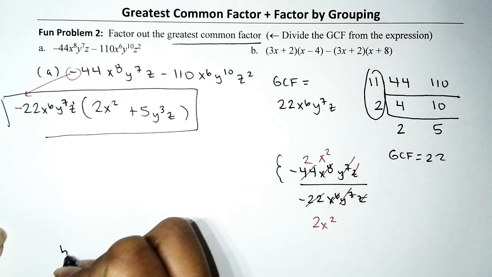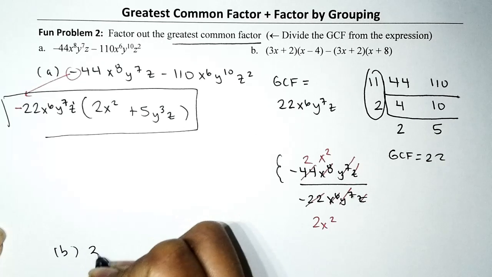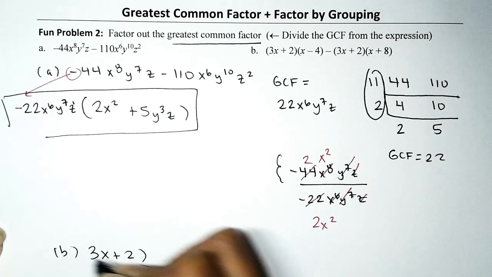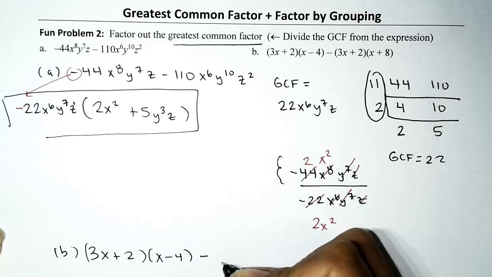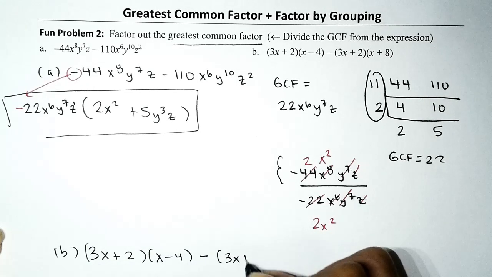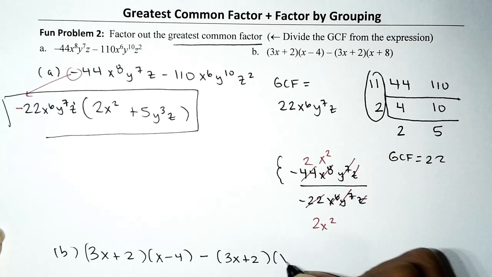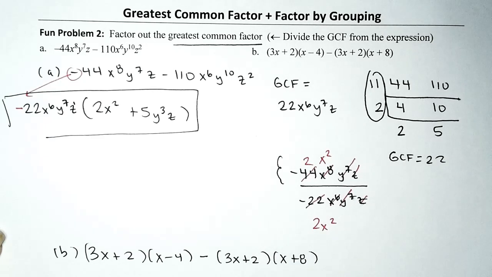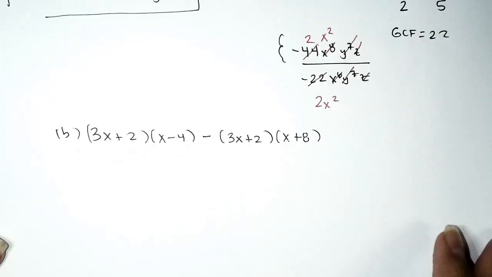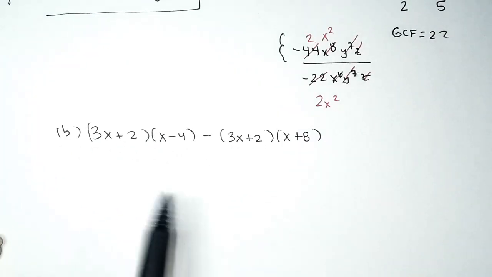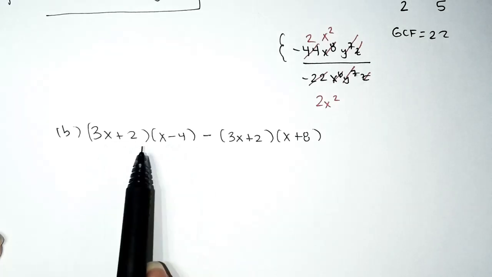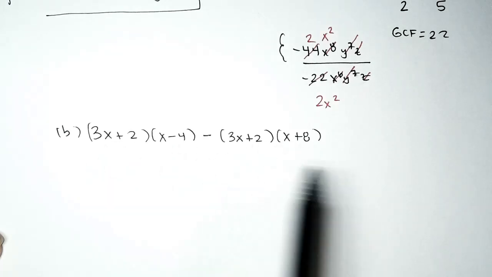Okay, problem B, we have 3x plus 2 times x minus 4, and we're going to subtract from it 3x plus 2 times x plus 8. Fantastic. Now, we are trained to clear grouping symbols, so I really want to FOIL out the first 2 binomials and FOIL out the next 2 binomials.